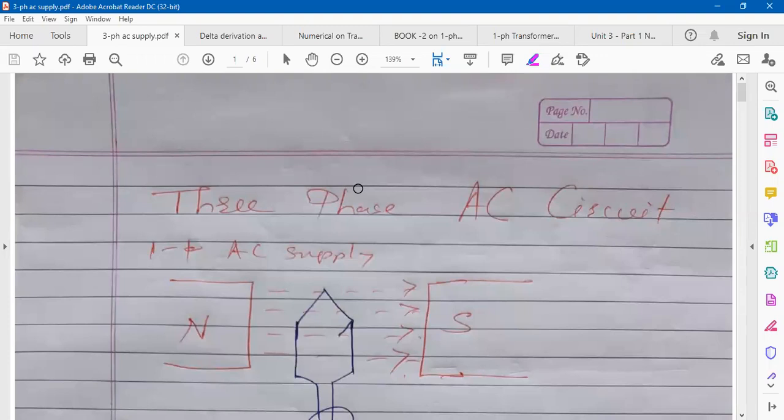So it is also a combination of mechanical and electrical system. In mechanical systems, in 12th you have learned the terms work, power, energy, kinetic energy, potential energy, mass, torque, power.